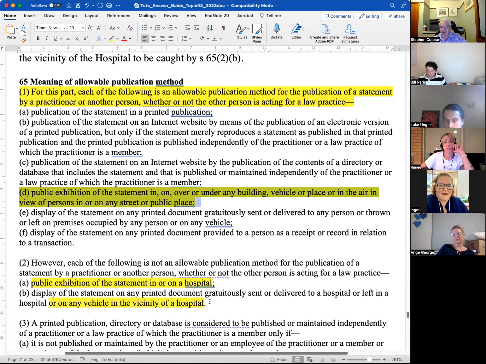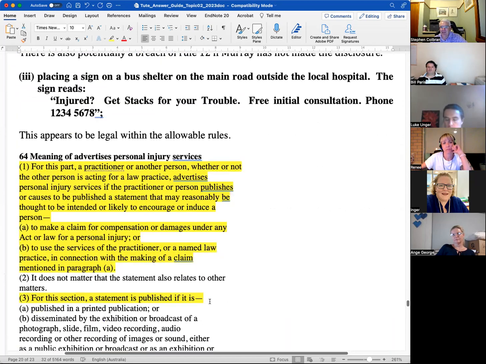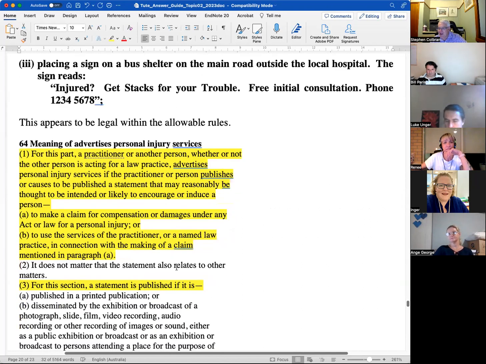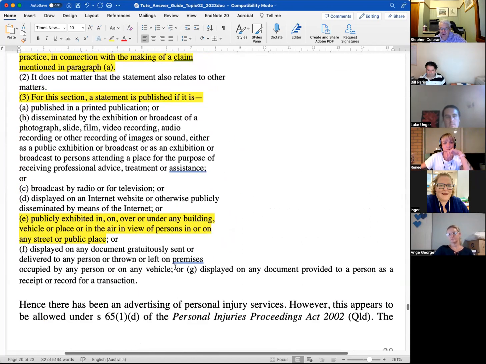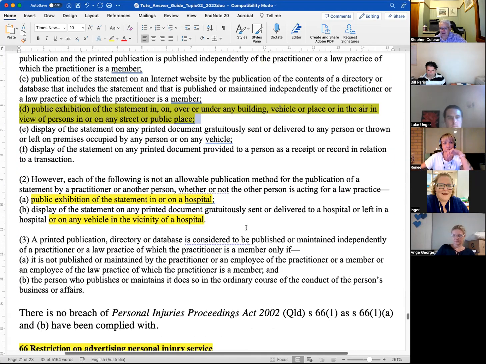Well, is it on a vehicle? The bus would go to the hospital, surely. So what's he actually done? If we go back to what he's done, it's on a bus shelter. Oh, sorry, I thought it was on the bus. No, it's on a bus shelter. So that's not a vehicle. So it's not caught by that, is it? Because it's not a vehicle. So he might be good for this one.